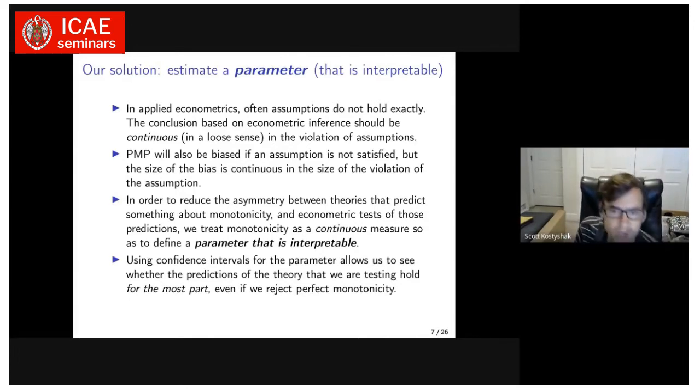For example, with OLS, we know that even if the relationship is not linear, we still get something useful out of OLS. We still get the best, in some sense of the word, linear approximation, which often is what we want. So we're looking for something similar in the context of monotonicity. We also want a confidence interval for the parameter, so we can see whether the predictions of the theory hold for the most part, even if we reject pure monotonicity.